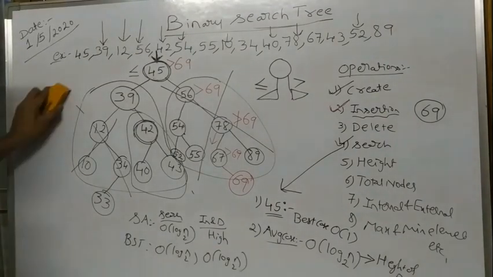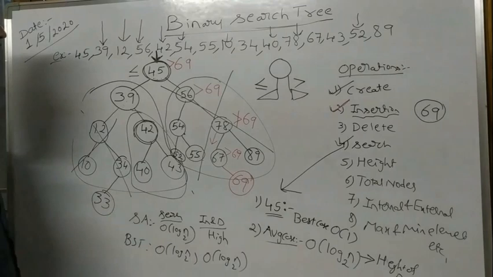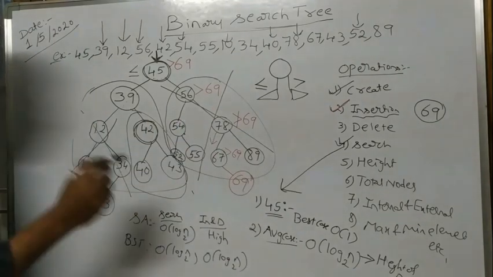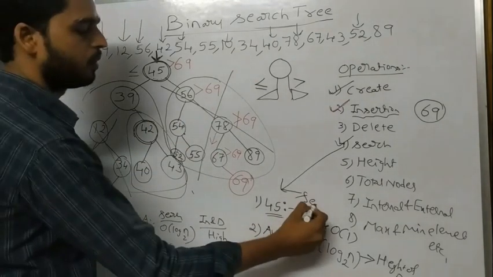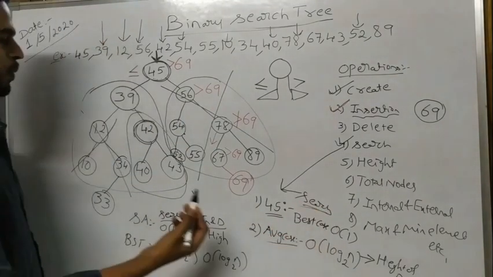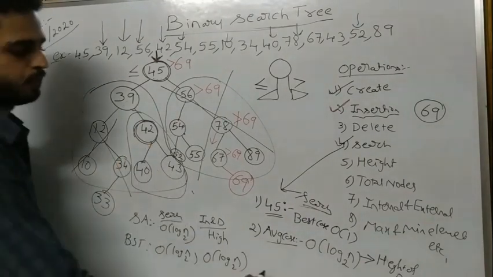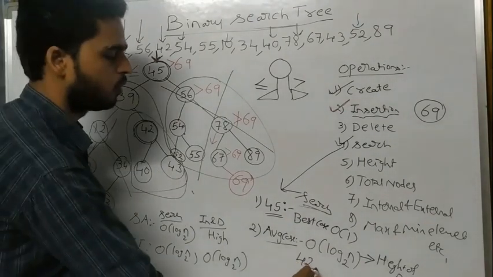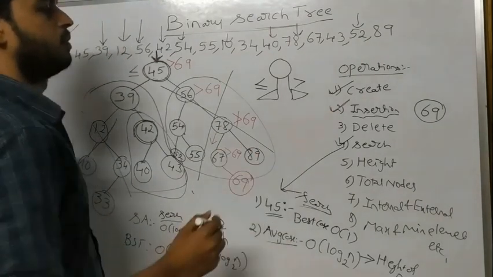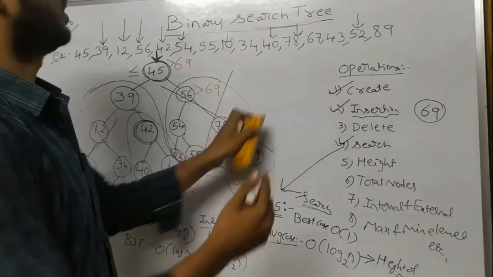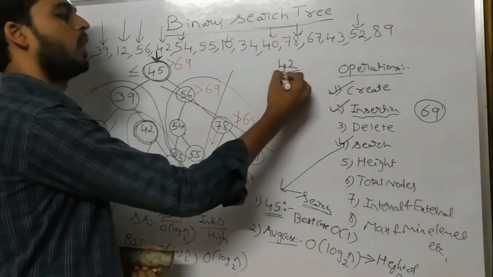Just check here. So log n base 2 means, for example, I want to search for a value 42.